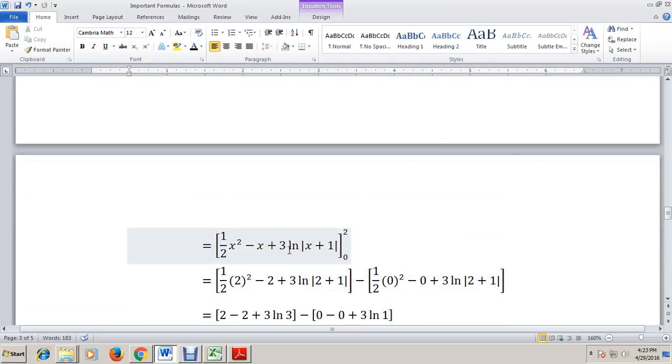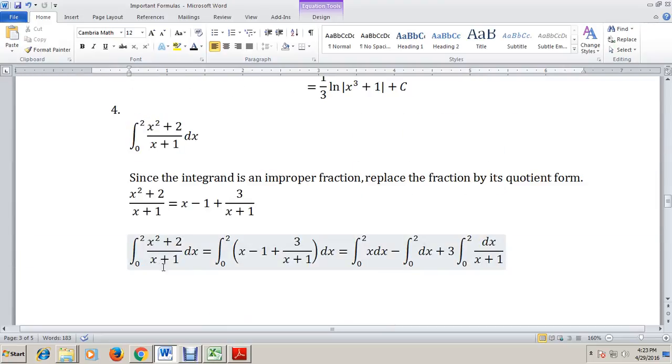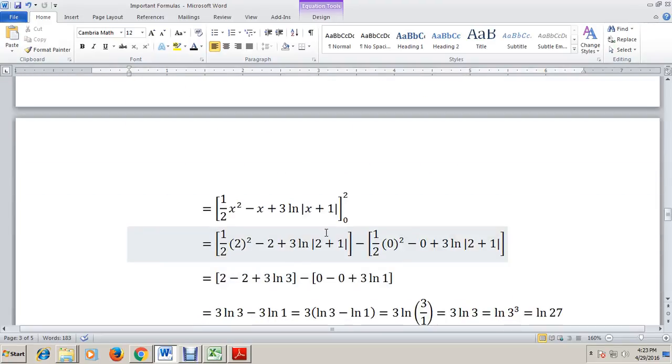So that means we have 3 ln of x plus 1, but we do not attach the plus c constant because this is a definite integral. So we will be evaluating the resulting integral from 0 to 2. This is the result of the integration.